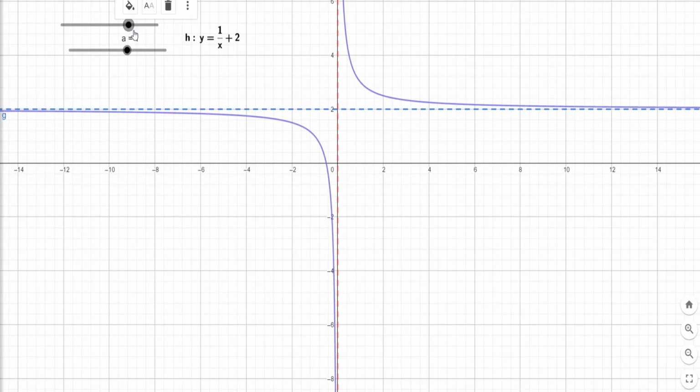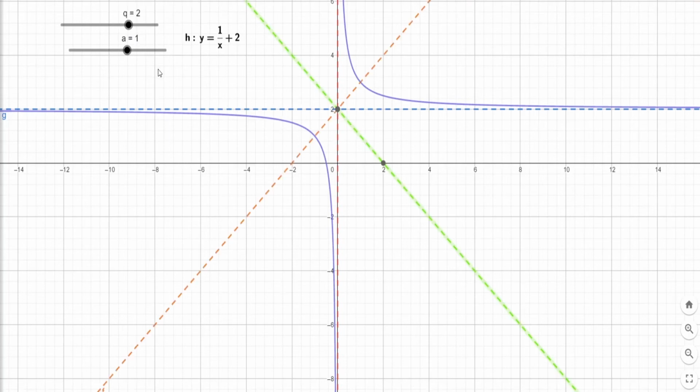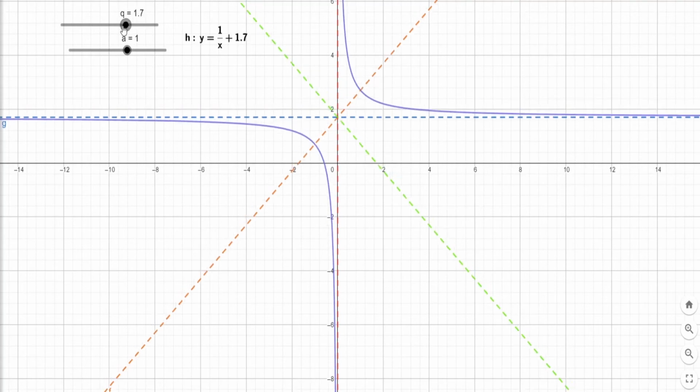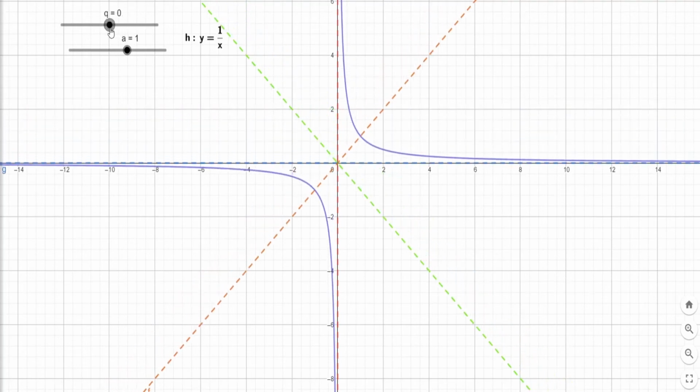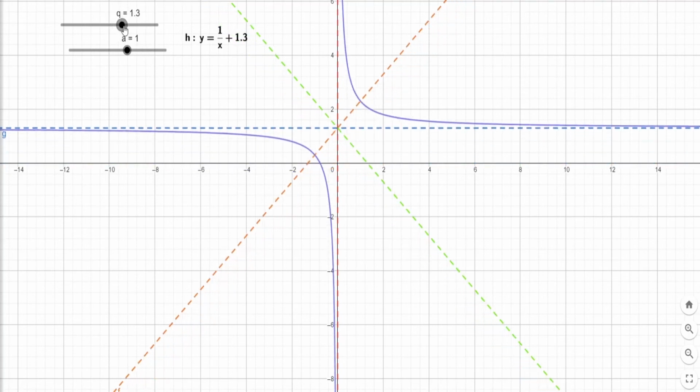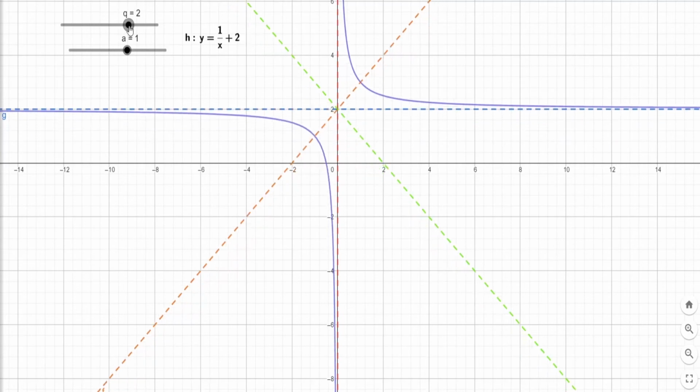And then I want to show you what I was talking about when I said the axis of symmetry also changes. So let's go back to when q was 0. So you can see the axis of symmetry, this line here and the pink line here. Those are your axes of symmetry. So immediately I change the q value, you see they're also moving, and q was equal to 2.